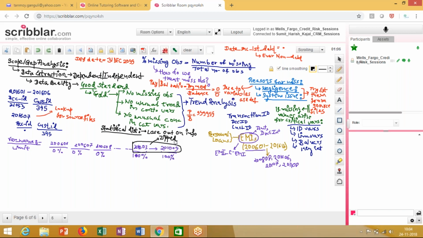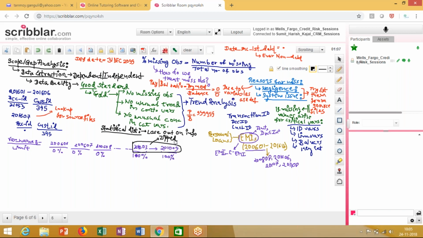So this is where the role of extraction comes in, because limit is a very basic variable, and if you look at the month-on-month trend of missing observations, it has to have 0% missing. Like limit, a variable like product code must have 0% missing. If it has missing observations, then it's a very basic fault. An id variable must also have 0% missing, or if it has some missing, you need to check why. Has it not been correctly extracted? This is how a missing observation exercise is done.